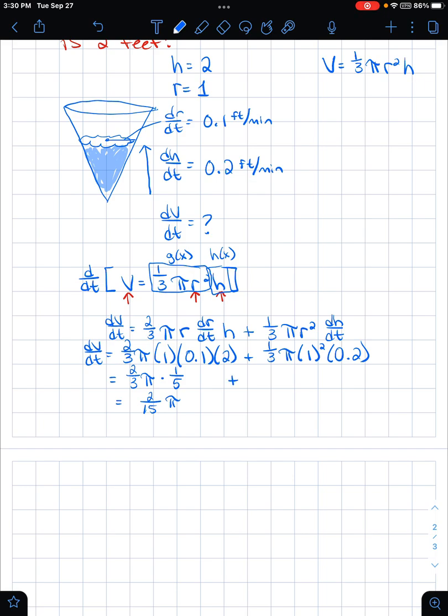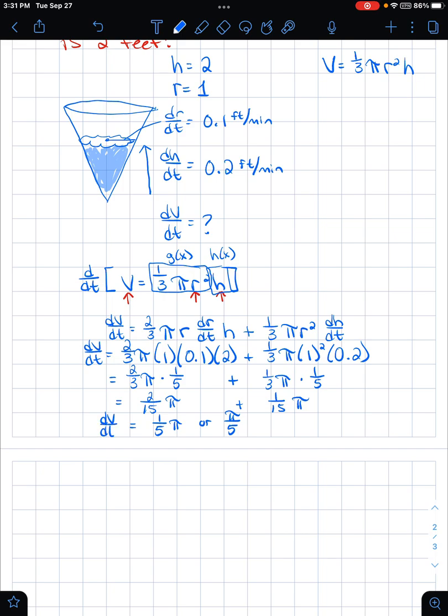All right, on this next one, 1 squared is 1. 0.2 is 2/10, or 1/5. 1/5 times 1/3 is 1/15 times pi. If I add 2/15 pi plus 1/15 pi, that's 3/15 pi, which reduces to 1/5 pi, or pi over 5. Wow, that's dV/dt.